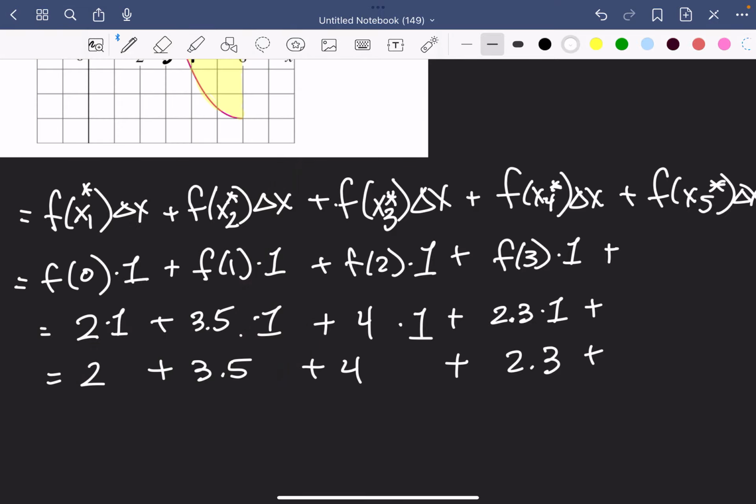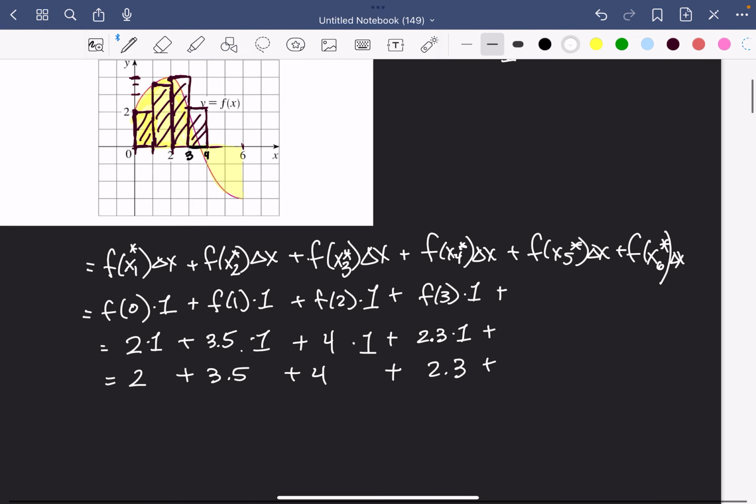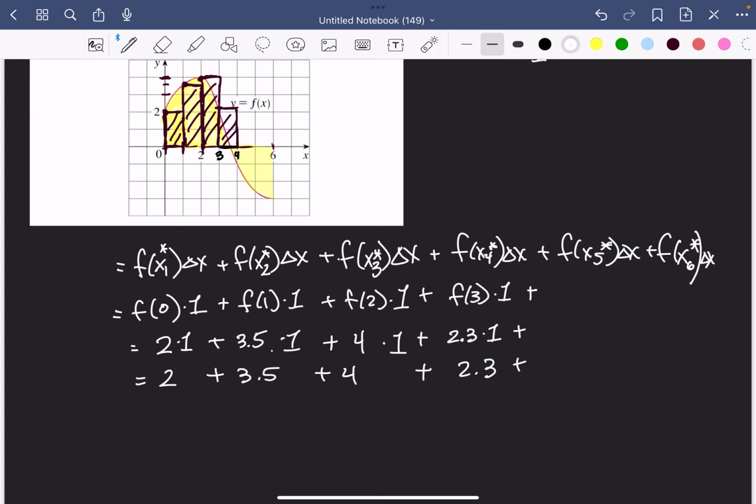Sorry, I'm back now. So in that fifth subinterval, let's see what that looks like. Inside of the fifth subinterval, we go from 4 to 5. If we look at the left-hand endpoint on that subinterval, then we need to know what the y value is.